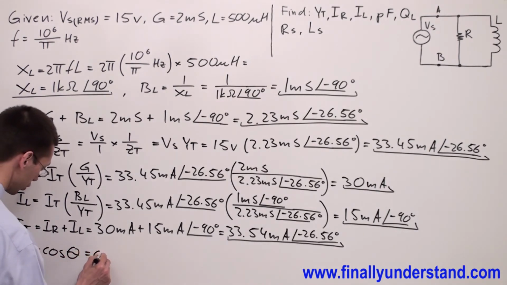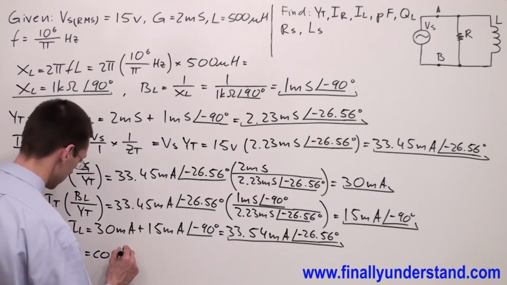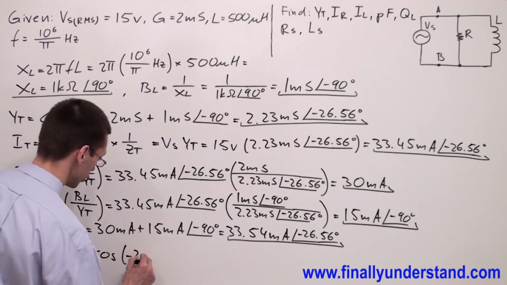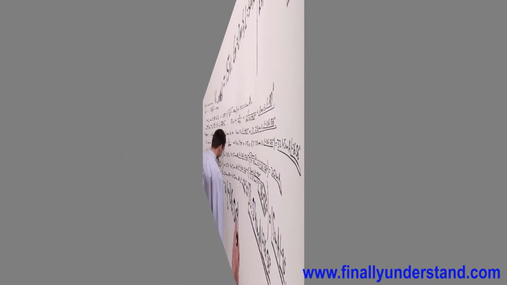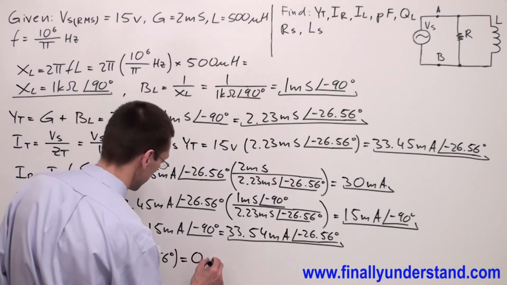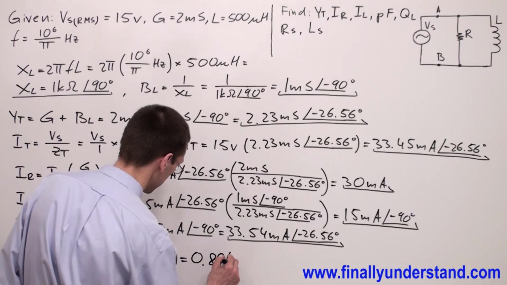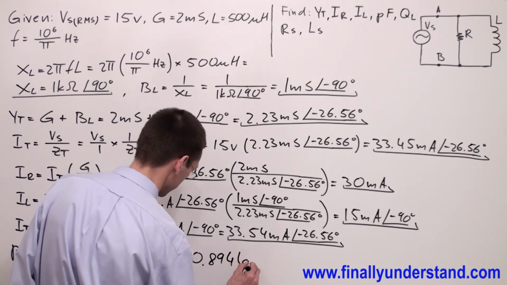So I have the cosine of the angle negative 26.56 degrees. This is equal to 0.894, and I'm supposed to use the word lag.